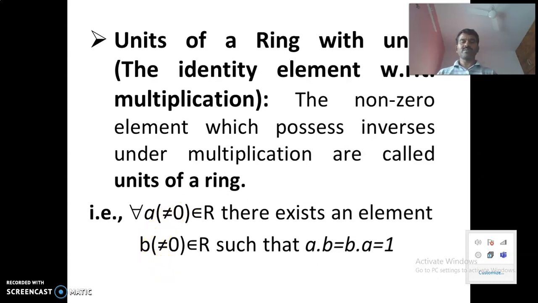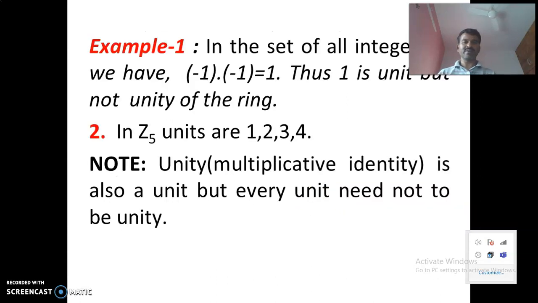That is, for any non-zero element A which is a member of R, there exists another non-zero element B, also a member of the ring, such that A dot B equals B dot A equals 1. That is the unit of a ring with unity.